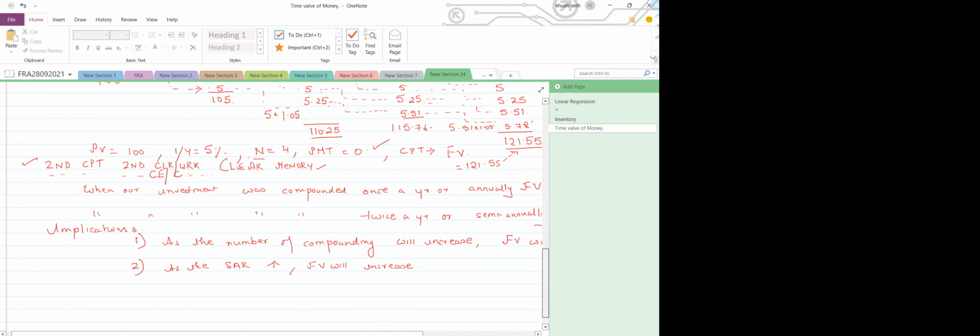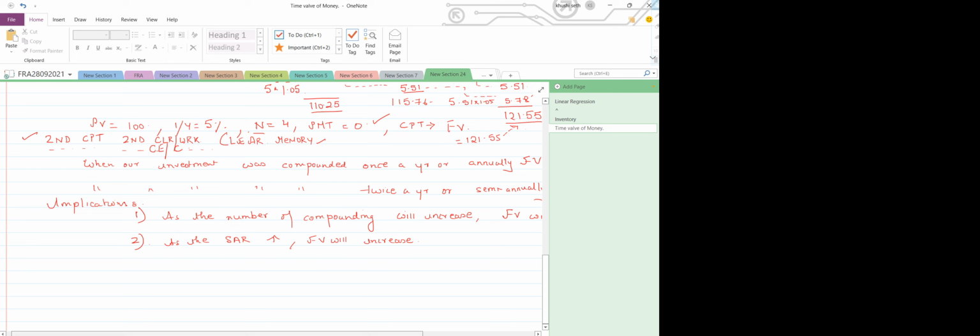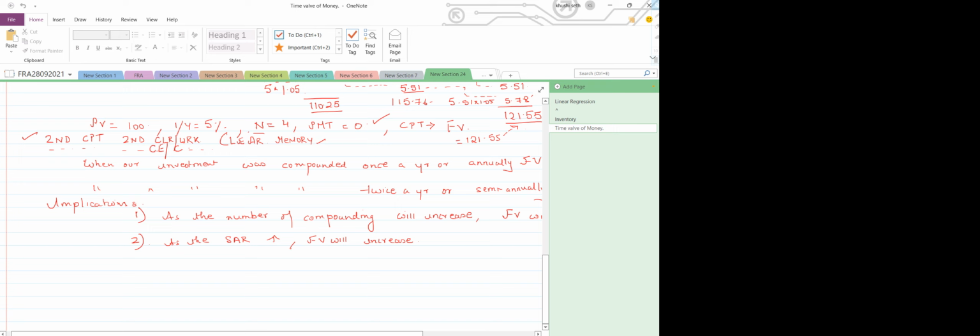Can you explain this, sir? Do we first need to press PV and then 100, or first 100, then PV? Let me do this. First 100, then PV. I'll just repeat it again. Second, CPT, second, CLR WRK.